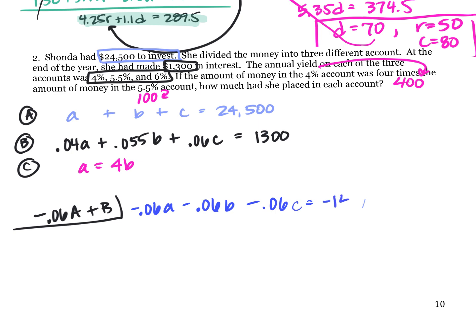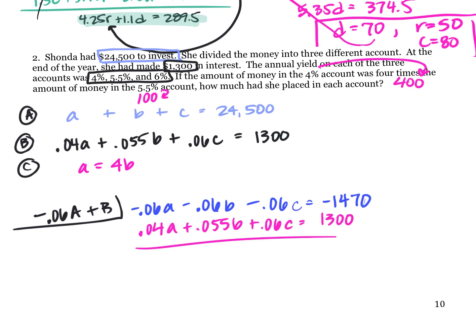Negative 14,170. Thanks, buddy. Then I'm going to bring my B equation down. 0.04a plus 0.055b plus 0.06c equals 1,300. Let me see once those add up. I want to see what you get when they add up.